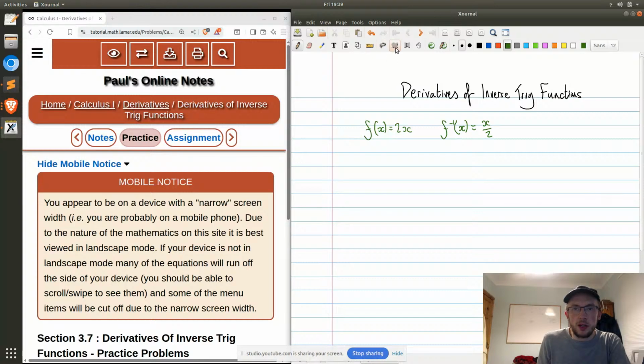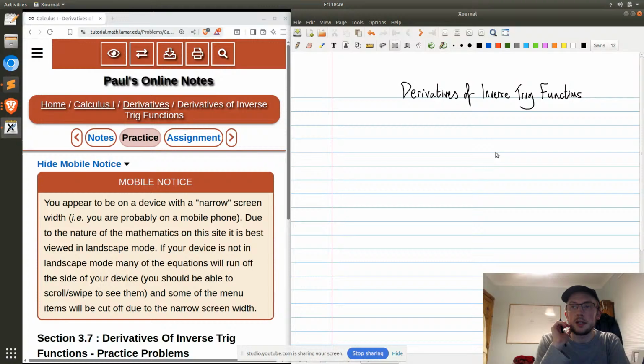And the trigonometric functions will have inverses, but their domain has to be restricted because the trig functions are many to one.